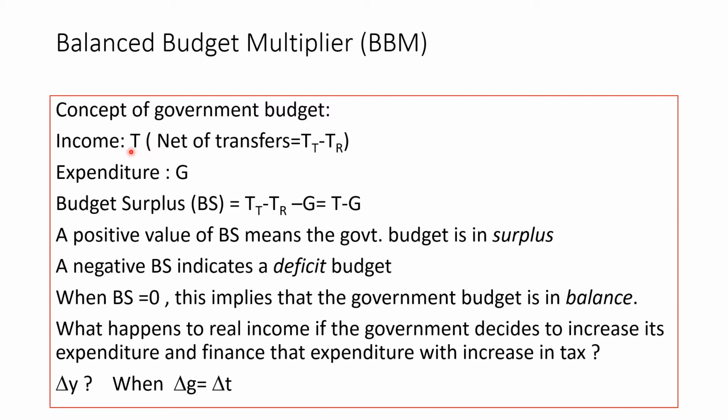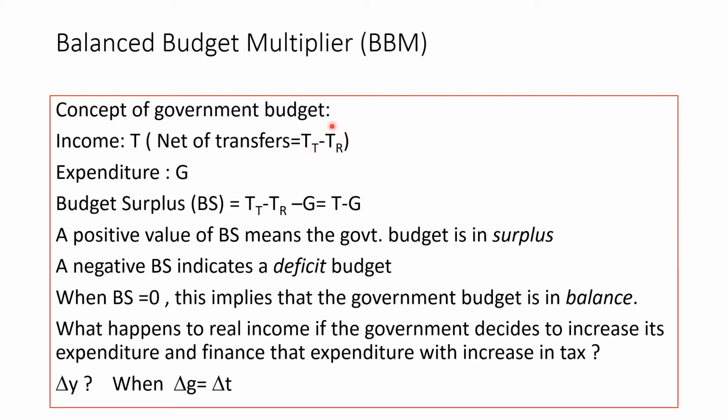This is T. That T can be treated as net of transfer. Maybe the government collected this TT as the total tax, but some part of that income is transferred also. So this T is basically net tax.